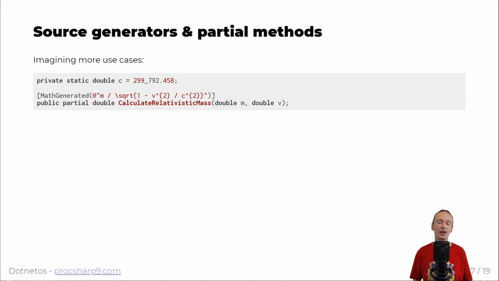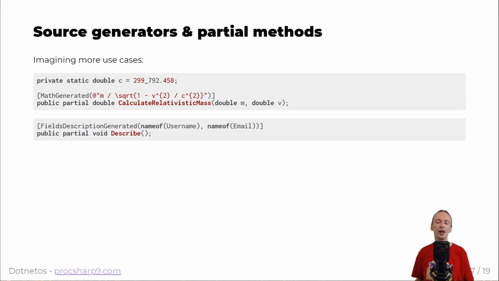We are saying, okay, I want to have a method that will take two arguments, m and v. It will return a double as a result, and it should return the result of an equation that I'm providing as the value of this specific attribute, and my source generator will be doing that. It will be finding these methods with this attribute, taking this value, and generating all the code for implementing this particular equation.